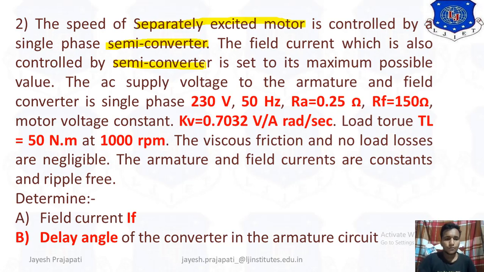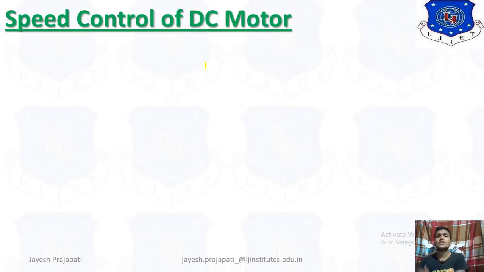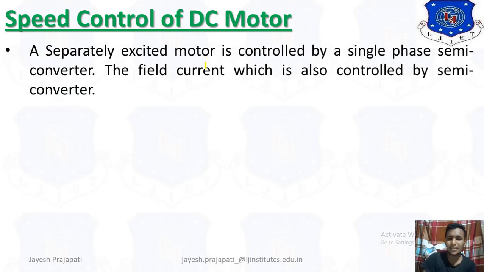Now to find out the field current and delay angles, first of all we have to write down the given data. We take a separately excited motor that is controlled by a single phase semi converter, and the field current is also controlled by a semi converter.